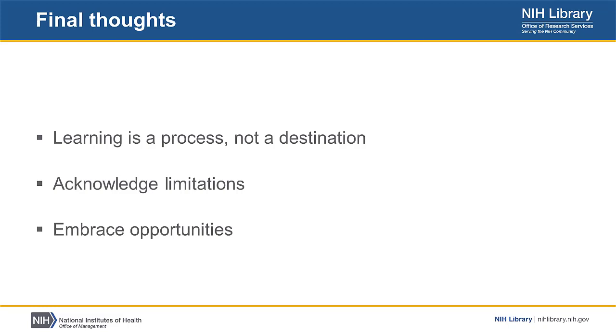The other thing is we always want to acknowledge limitations, both our own limitations and also the limitations of the tools that we're using. I think we both spoke to that a little bit already, but again, just being aware that we have limitations, being humble about what we do, what we think we're doing, what we may be doing, what we may not be doing, what we may not be capturing.